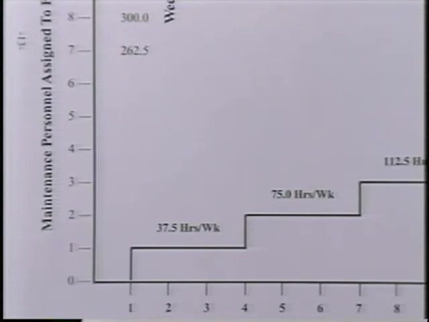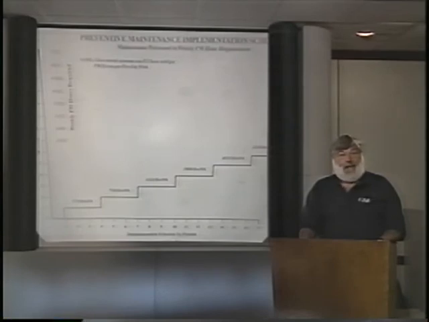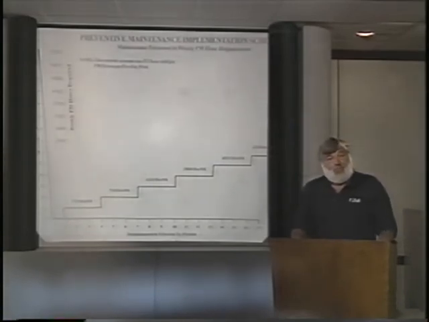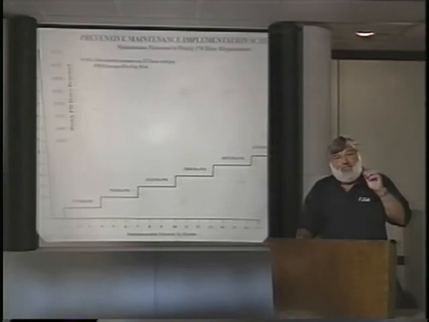What that means is if I'm going to put one person on PM full-time on a weekly basis, and remember, this is at 100% utilization, and my net available plant capacity in this case is 37.5 hours of work per week, then that means I need 37.5 hours of PM activities.